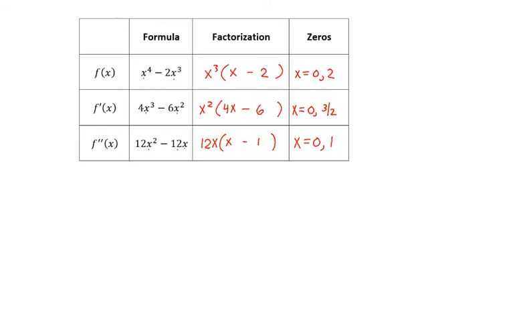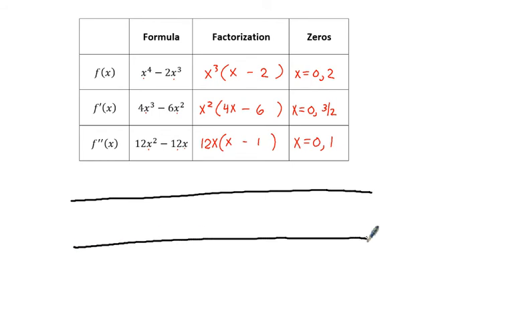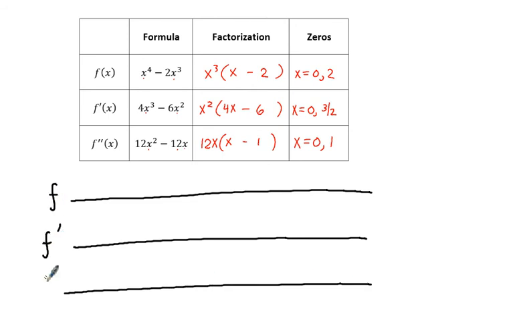I'm going to be making some number lines, and I'll keep it easy and make 3 separate number lines: one for f, one for f prime, and one for f double prime. Let me label those for clarity. Now I'll single out the zeros of each of those 3 functions. So we'll put 0 down as an important number, and here's 2.